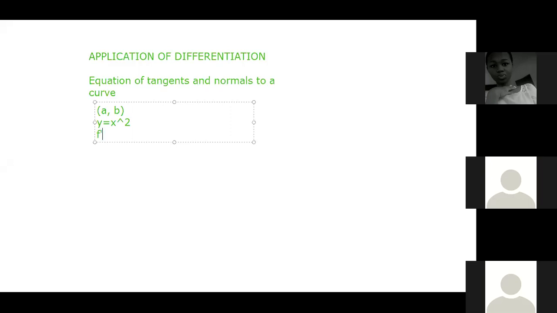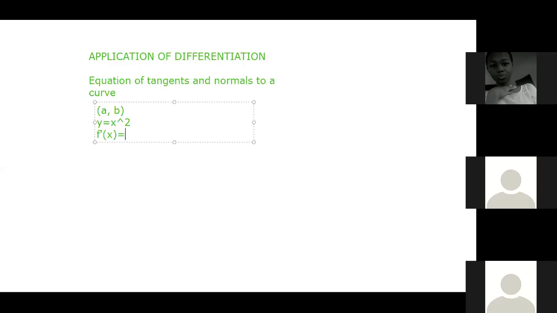When I write f prime of x, it means finding the derivative of f of x. f of x is the function of y with respect to x, so in other words I'm differentiating y with respect to x.